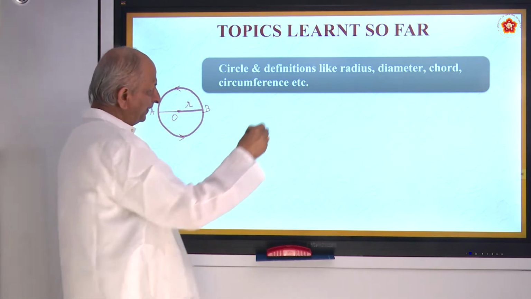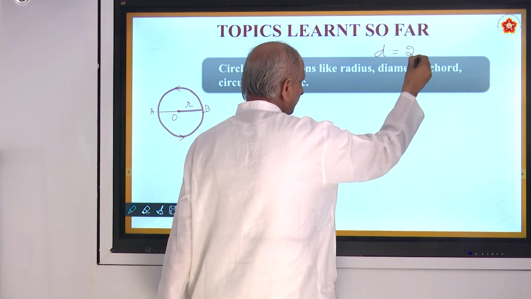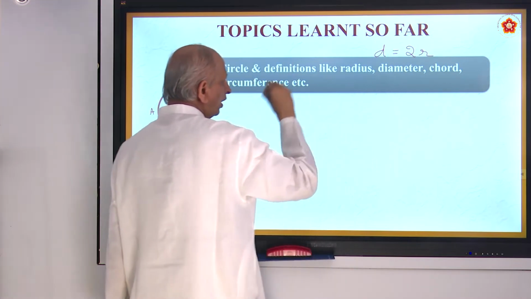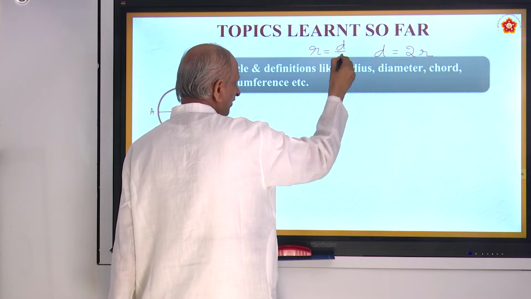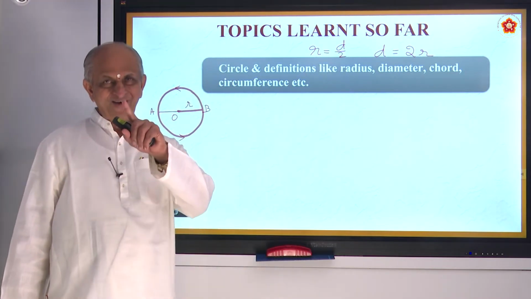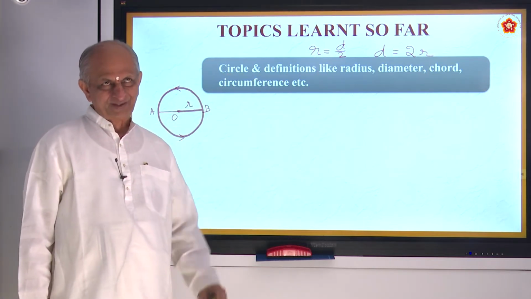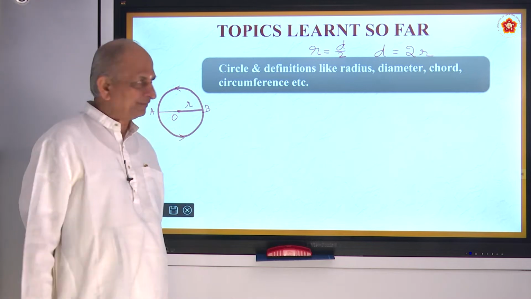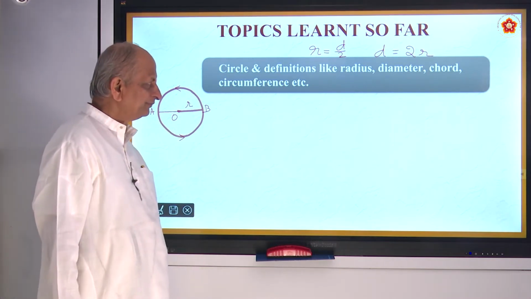Each diameter is equal to 2 times the radius, or radius is equal to half of the diameter. How many radius can you draw? Any number of radius you can draw. Any number of diameters you can draw. Is it not? And what about chord?